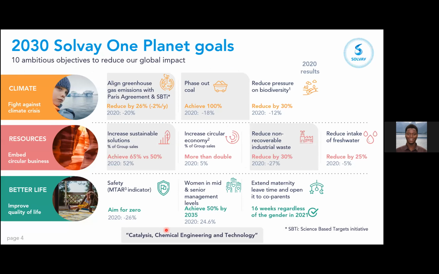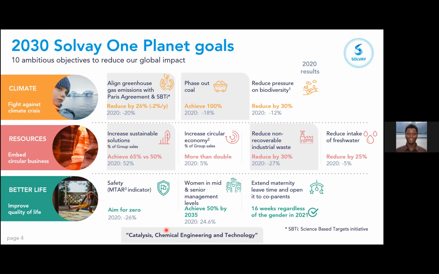And what are the Solvay One Planet goals? These are basically 10 ambitious objectives set up by the leadership of our organization to reduce our global impact. They are basically categorized into 3 main pillars, which are climate, resources, as well as improving a better life.